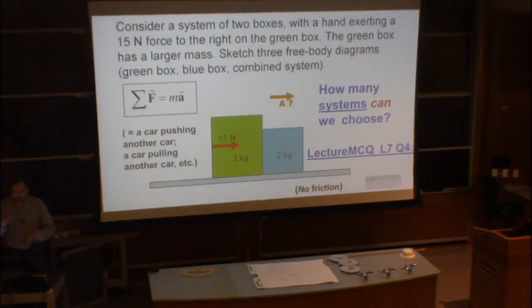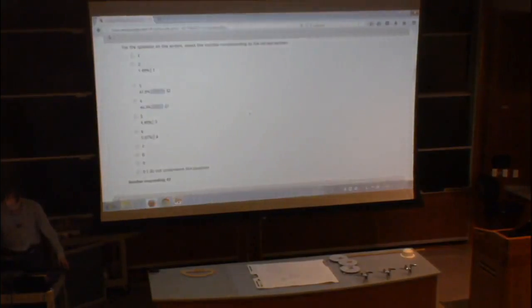Line, box number 1, box number 2. Time-saving technique. How many?